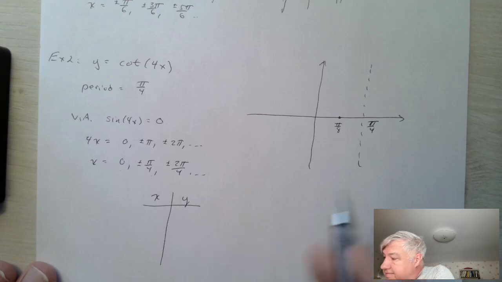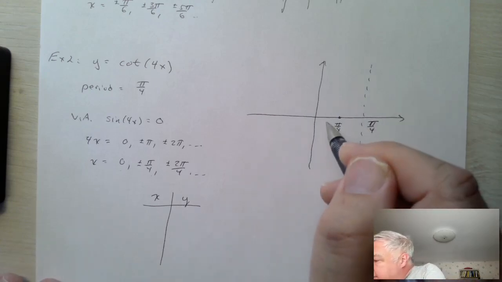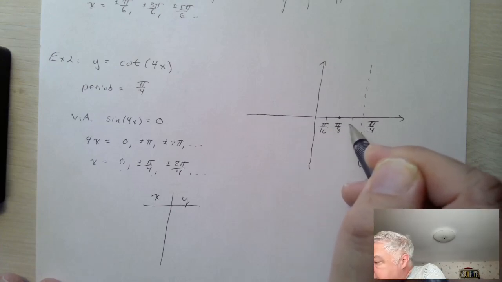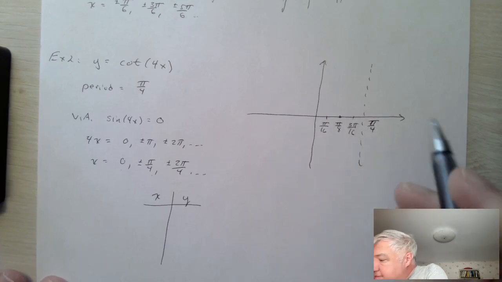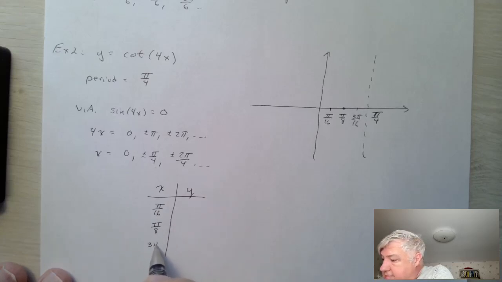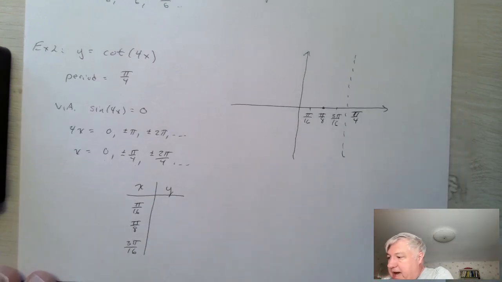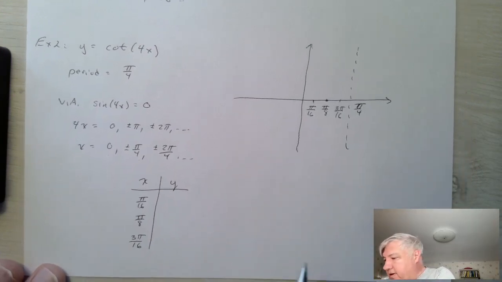Okay, we have a couple more. Half of this is pi over 16, and this will be 3 pi over 16. So 4 pi over 16, of course, will be pi over 4.